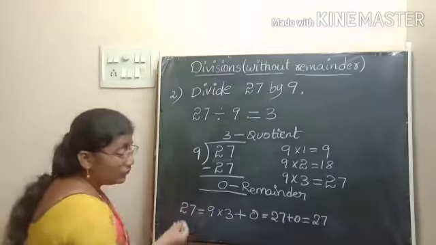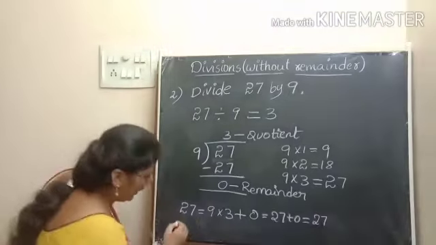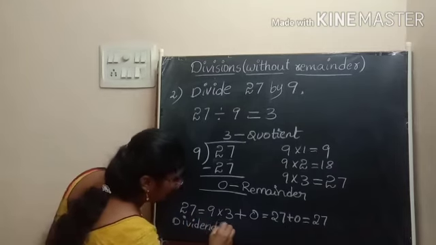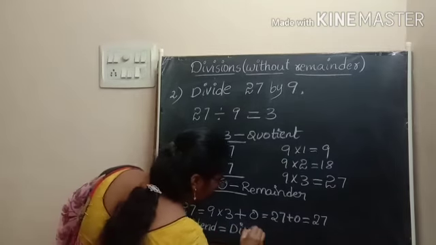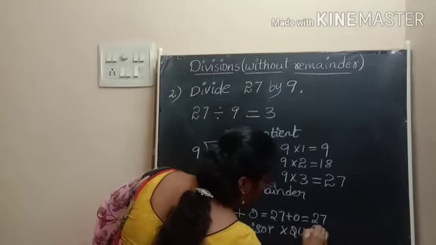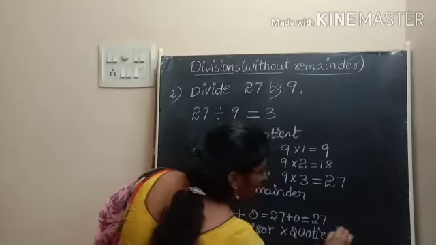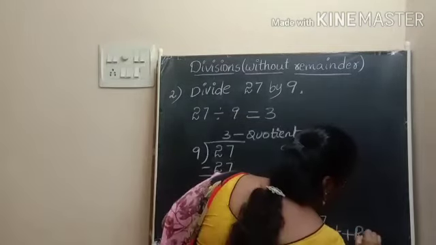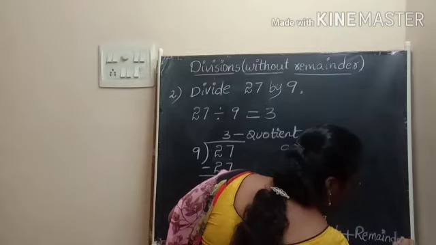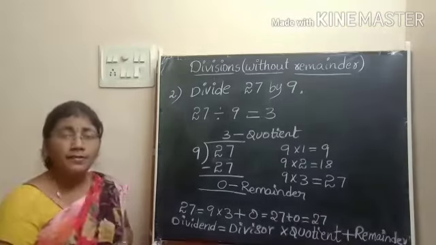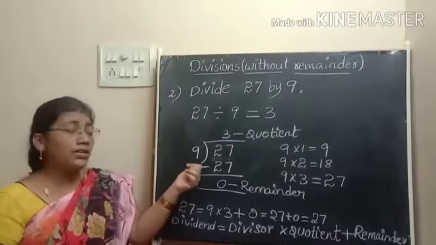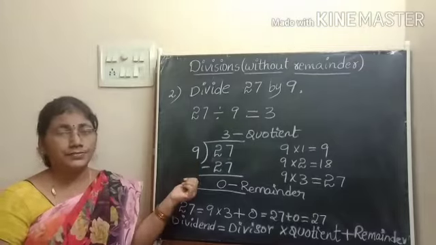The formula we can use for this is: dividend is equal to divisor into coefficient plus remainder.